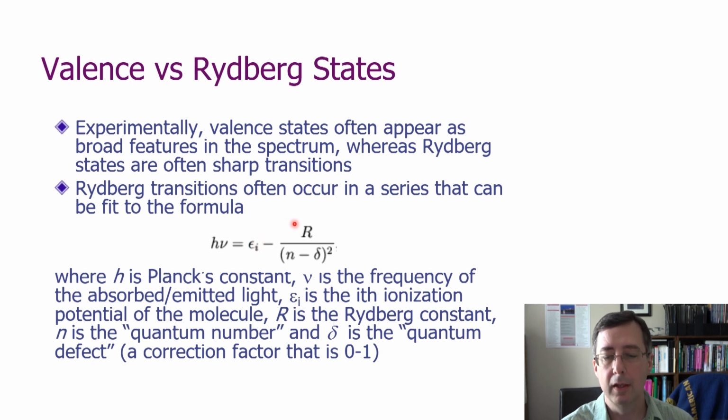And the difference is the Rydberg constant over (n minus delta) squared, where n is a so-called quantum number and delta is the so-called quantum defect.